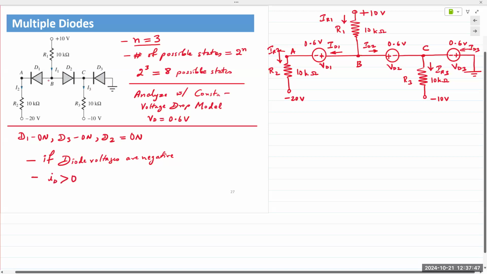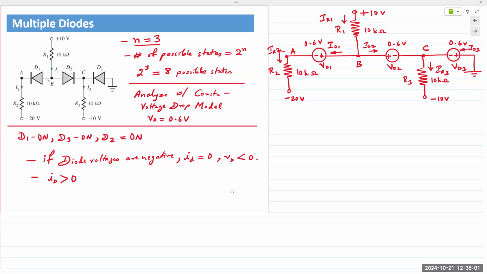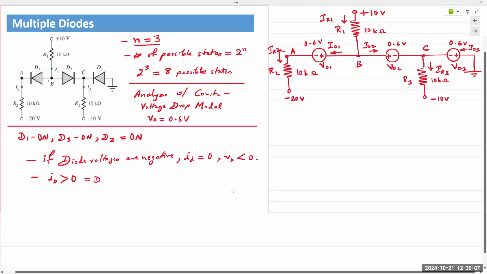ID must be greater than 0. Here ID would be equal to 0 and VD would be less than 0. Right? If diode voltages are negative, VD is less than 0, then the diodes are off. Our assumptions are incorrect. So then this would mean forward bias.